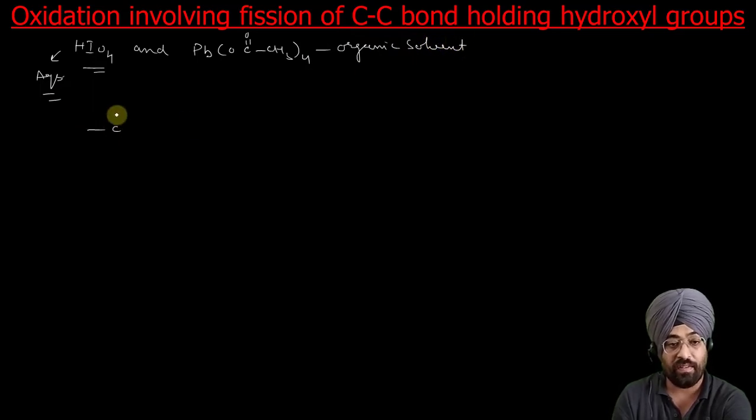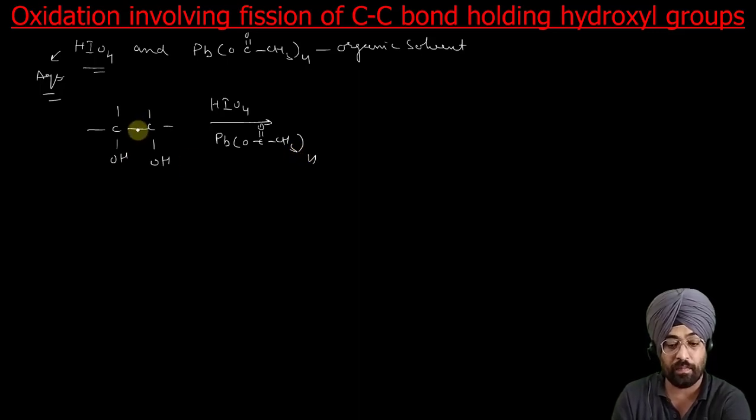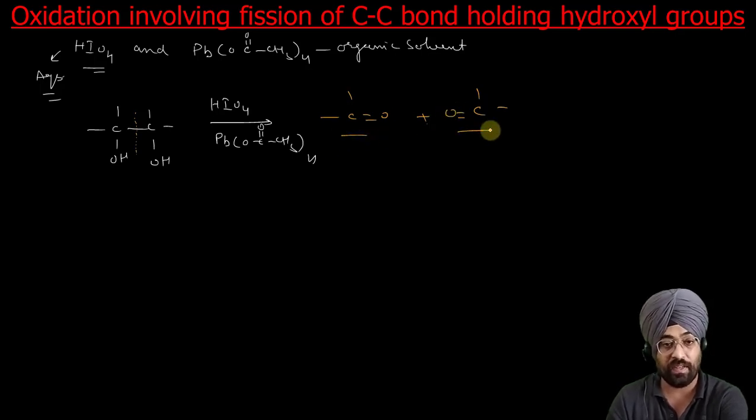If we have any 1,2-diol and react it with HIO4 or lead tetraacetate, oxidation takes place with cleavage of the carbon-carbon bond. The C-OH bonds get converted to C=O plus C=O. That is the reaction we are going to discuss today.